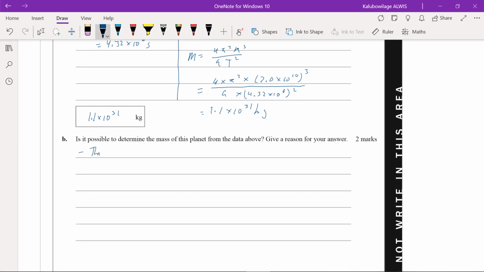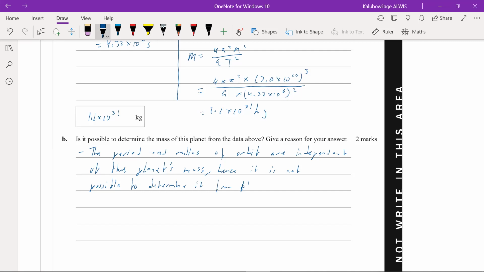So the radius of the orbit is independent of the planet's mass, so it is not possible to determine it from this.